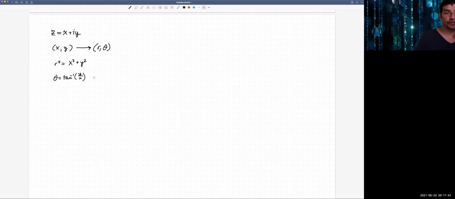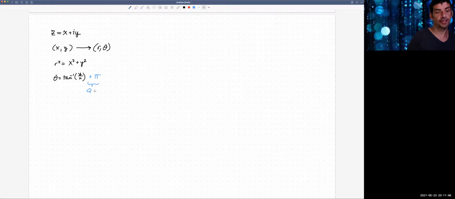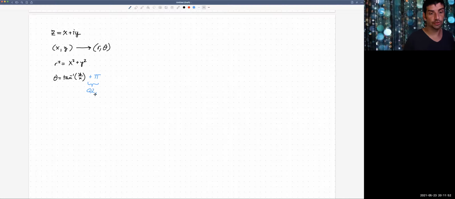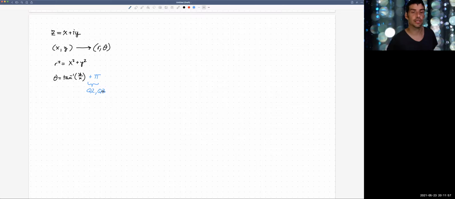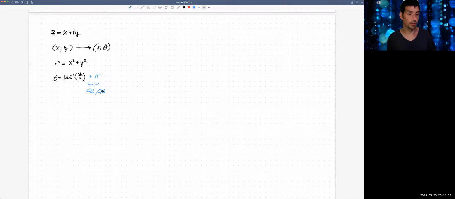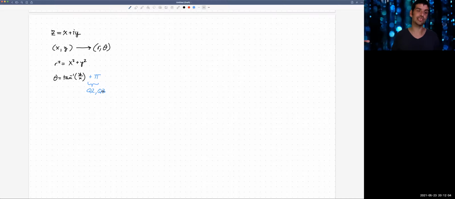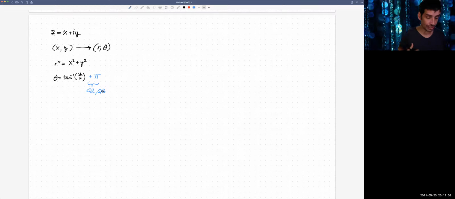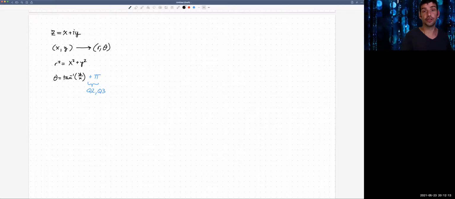It depends: if your point is in quadrant 2 or quadrant 3, you have to add pi, right? Remember the range of inverse tangent will always give us angles in quadrants 1 and 4, but sometimes if our point's over there, we have to add pi to rotate around. So that's how we convert to our polar coordinates.